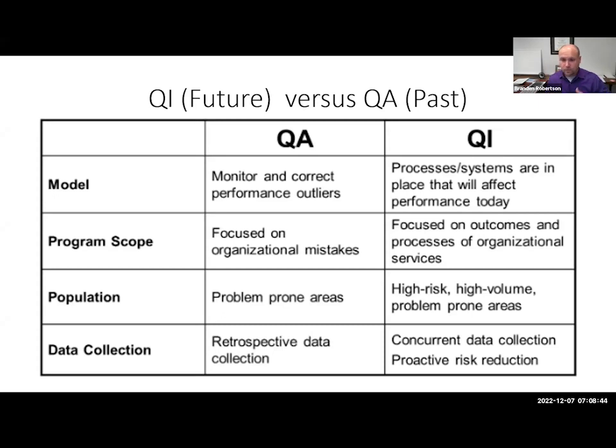Certainly, I wouldn't want to be on that retrospective side, saying, oh, there was a problem with the care that we delivered to Branden, so we need to look at how we can do that better next time. On the right side is where we at Carilion want to focus, and where you will play a role: quality improvement, where systems or processes are in place that will affect our performance today.